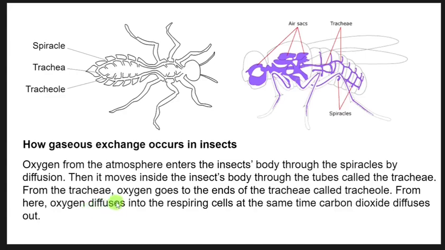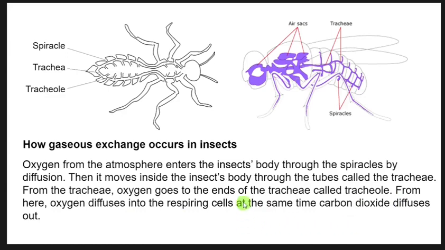Then it moves inside the insect's body through the tubes called the trachea. From the trachea, oxygen goes to the ends of the trachea called the tracheal. From here, oxygen diffuses into the respiring cells. At the same time, carbon dioxide diffuses out.